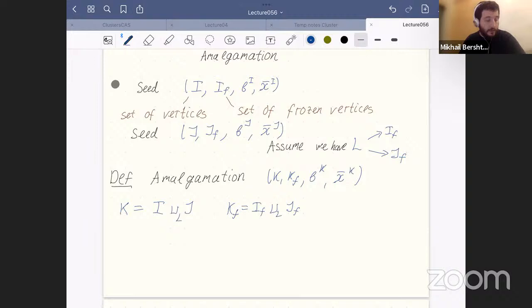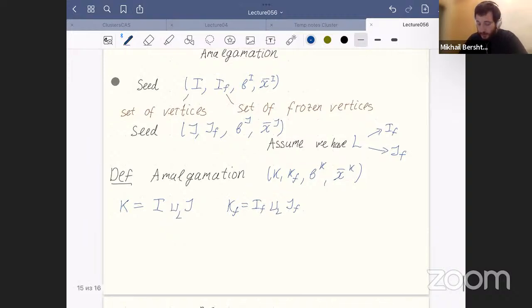And for the incidence matrix, I can write down the formula, of course. So B_K(i,j) is equal to, but the most important formula is the following. It will be B_ij of I plus B_ij of J if both vertices i and j belong to L.